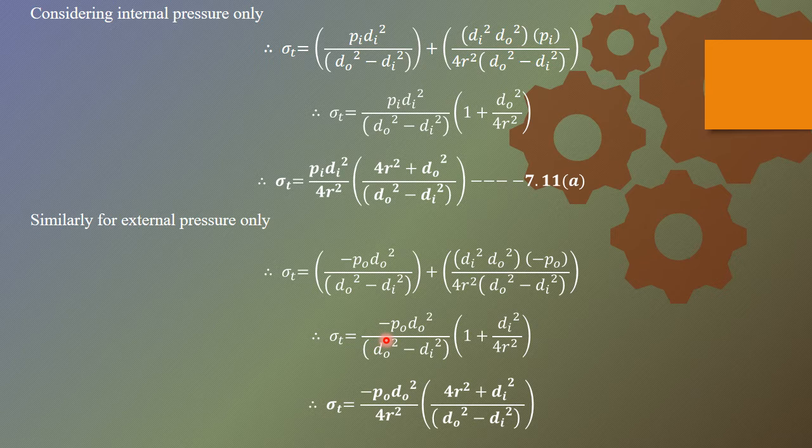So if you have to consider, say, the outer surface of a cylinder, then we may have to consider only the external pressure acting on those cylinders. In such conditions we can use this particular expression. That is, for the outer surface of the inner cylinder, considering the external pressure, we can make use of this expression.